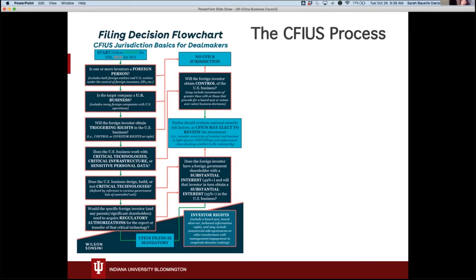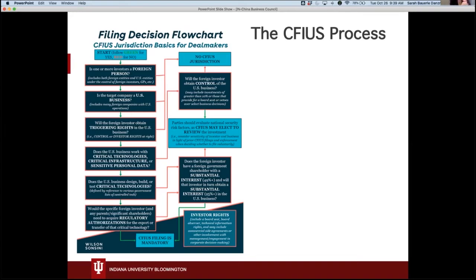But not all covered transactions are required to file, so then you have to determine if you have an obligation to file, and that's based off of whether or not a foreign government-controlled entity is obtaining a substantial stake in the investment, and also if the U.S. business is in a critical technology business, which normally has to do with export controls, and if you would need an export license in order to export the technology that is part of that U.S. business to the country in which the acquirer is based.